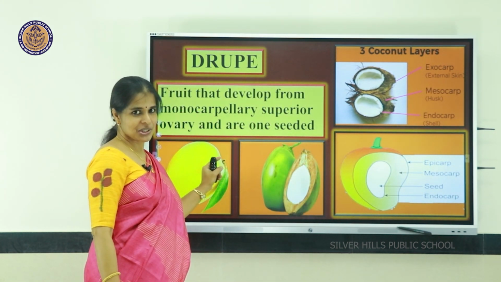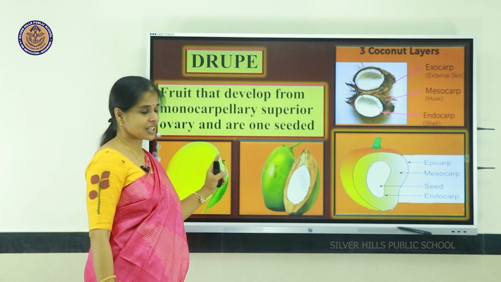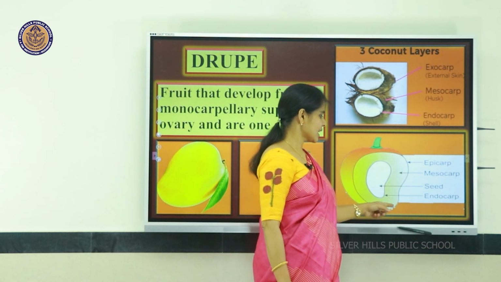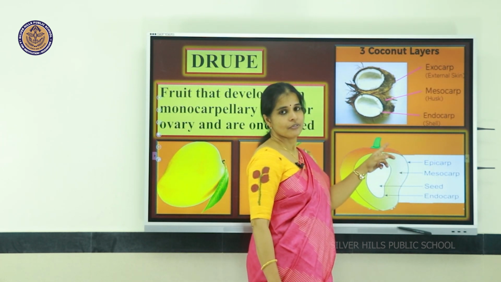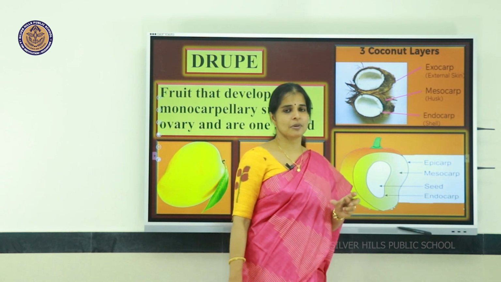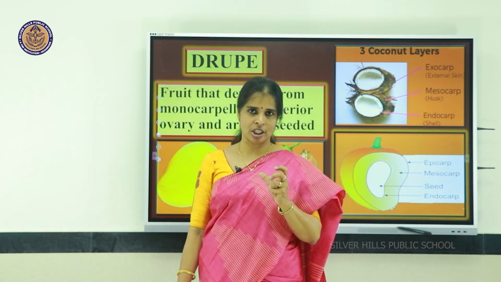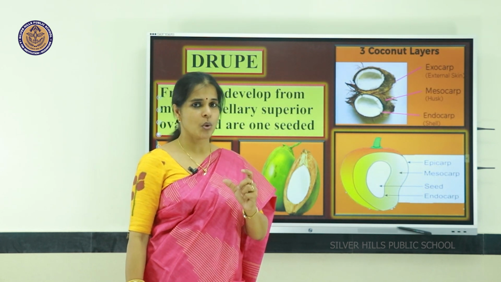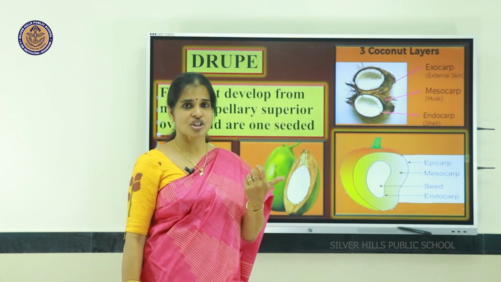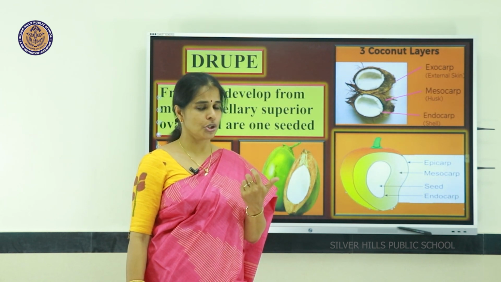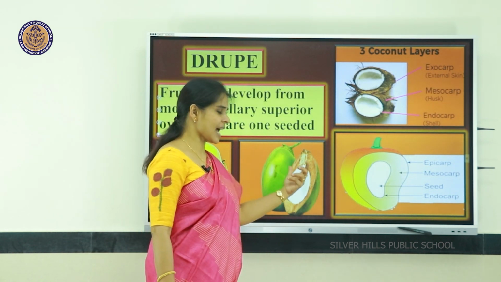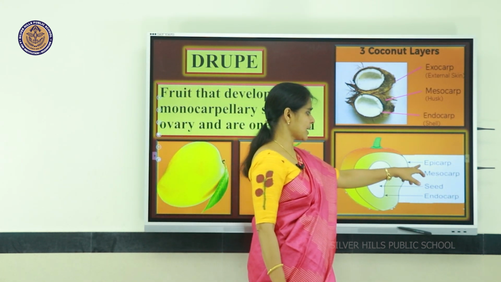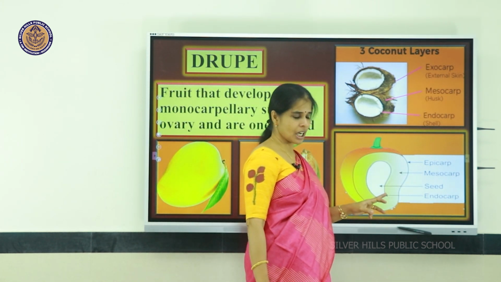Why have we chosen these two? There is one important thing you have to see. In the case of mango, we can see the fruit part. A fruit must have a fleshy structure, whose fruit wall we call the pericarp. As I discussed, the pericarp can be differentiated into three parts: epicarp, mesocarp and endocarp.